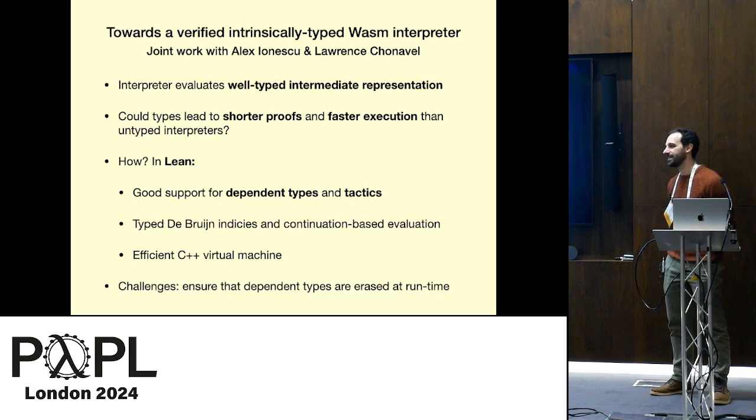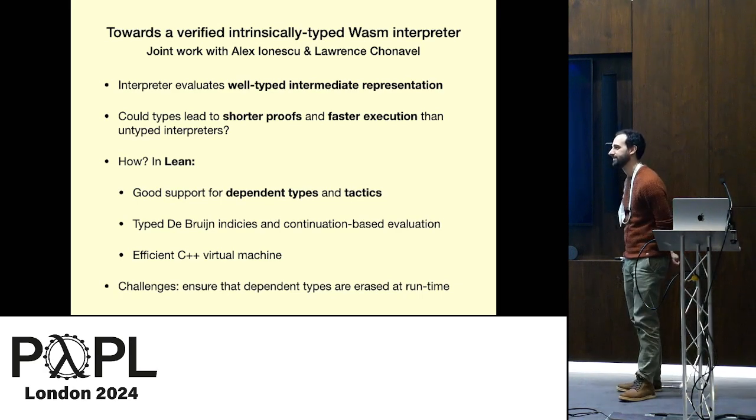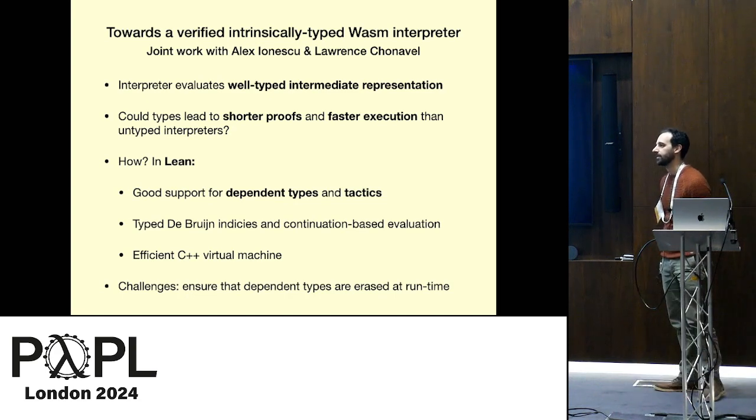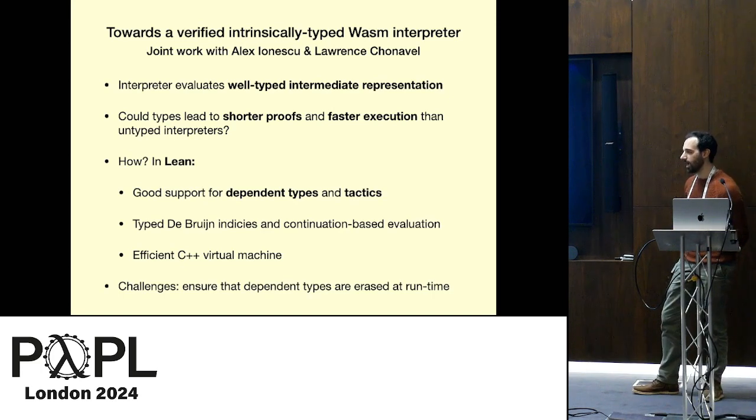So I have an immediate question. When you're talking about intrinsically typed WASM, I'm taking that to mean that the definition of the WASM AST is intrinsically typed. Do you ever expect to be able to erase those types, or are there different types you're talking about erasing? I expect that these types will be erased, yes.